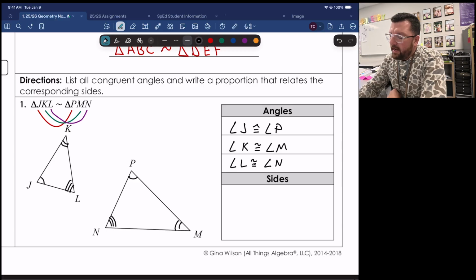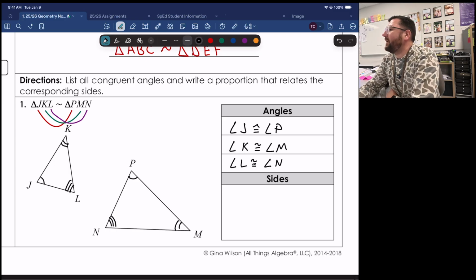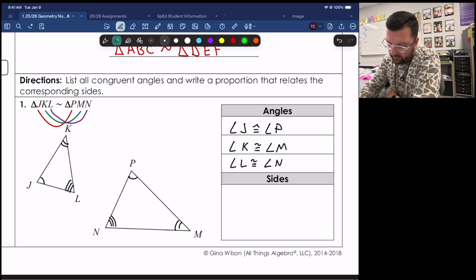Then it wants me to write a proportion. And remember, a proportion is two or more ratios in an equation equal to each other with the corresponding sides. So I'm going to pick a side in the first triangle, JK. What's the proportional side in the second triangle? It is PM. Good job.